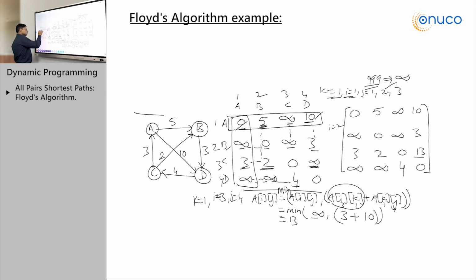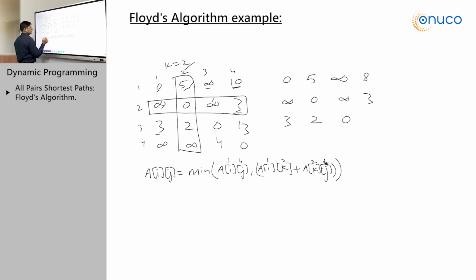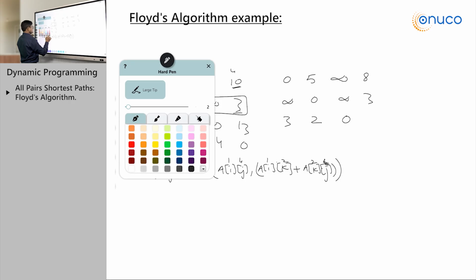So, we had a value 3 plus 10, 13. Now we have 2 plus 3 is 5. So, now we are going to replace this 13 by 5. Alright. So, for this position, what are the values? What is the value here now?